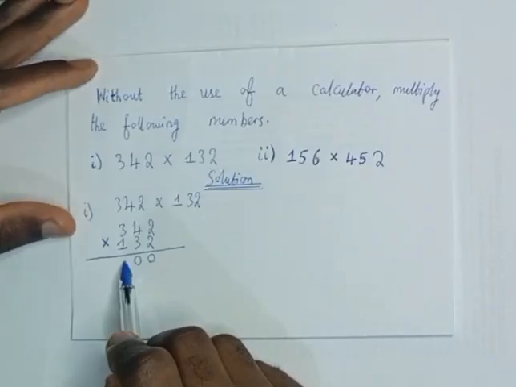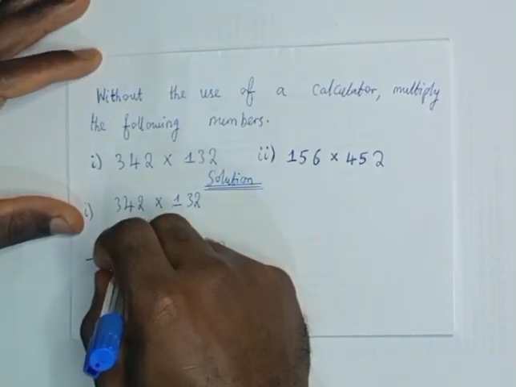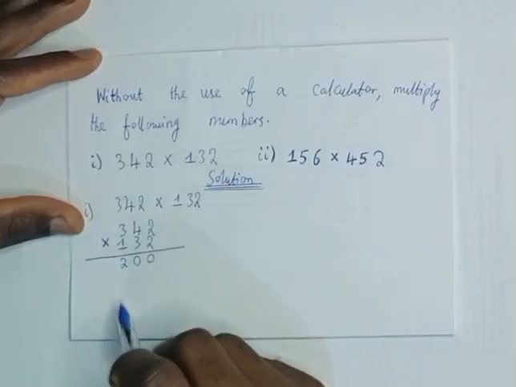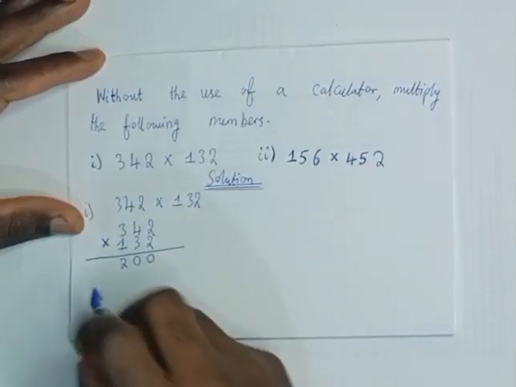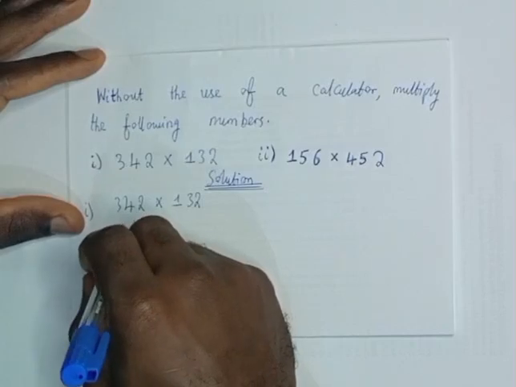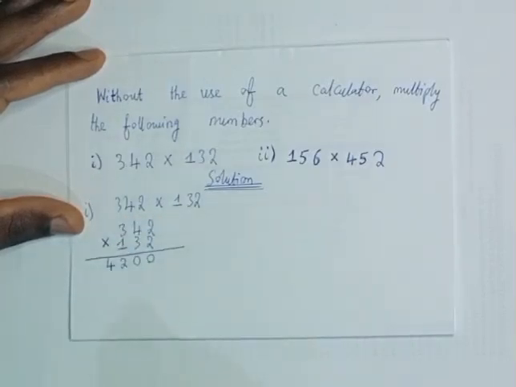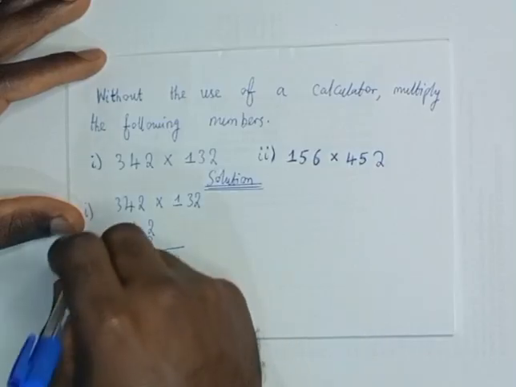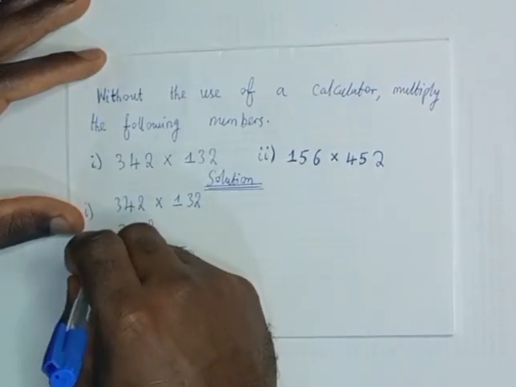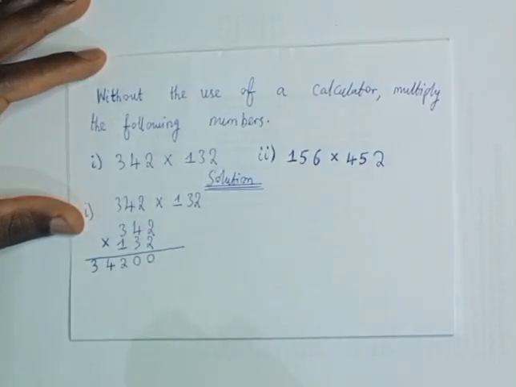Since it has a higher place value, write down 2 here under hundreds. Next, we take 1 times 4, gives us 4. Write the result under thousands. We move to the next, 1 times 3 gives us 3. We write the result under tens of thousands.